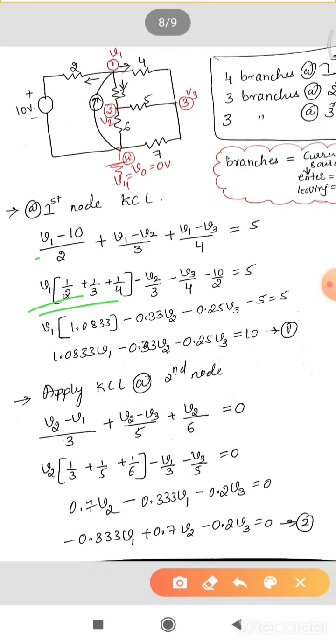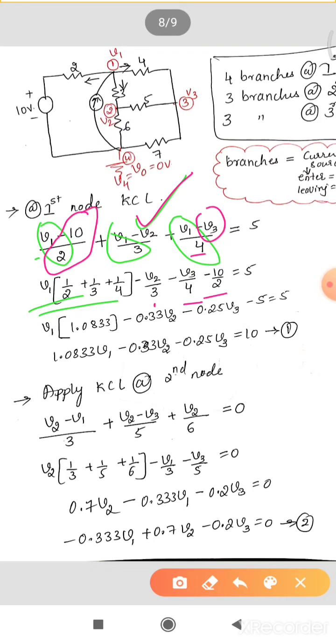When you take V1 outside, there will be 1 by 2 plus 1 by 3 plus 1 by 4. Next we have V2, so it should be minus V2 divided by 3. Next, minus V3 divided by 4. Okay, the last term left out is minus 10 by 2, which is equal to 5.